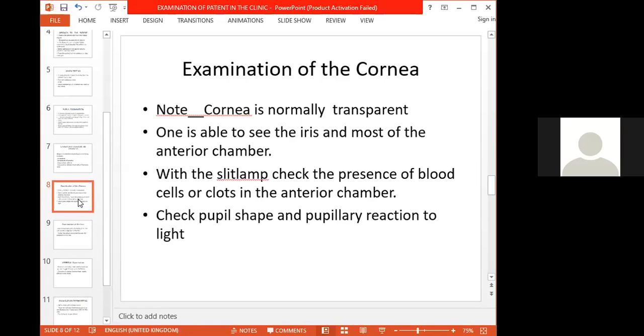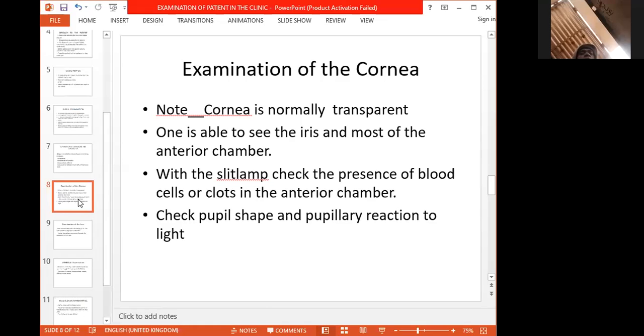But the way you go is you start with lid margins, you go to conjunctiva, you retract the lid down to see the palpebral conjunctiva, then you go in the fornix, then you look at the bulbar conjunctiva and look at the perilimbal section. That's when you go into the cornea and see that it is clear. You are able to clearly see the anterior chamber. In the anterior chamber, you're looking for inflammatory cells, which you should be able to see.